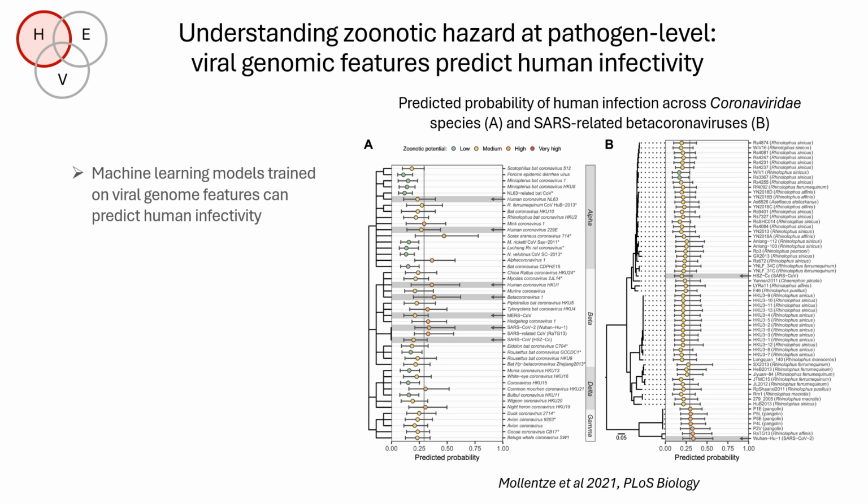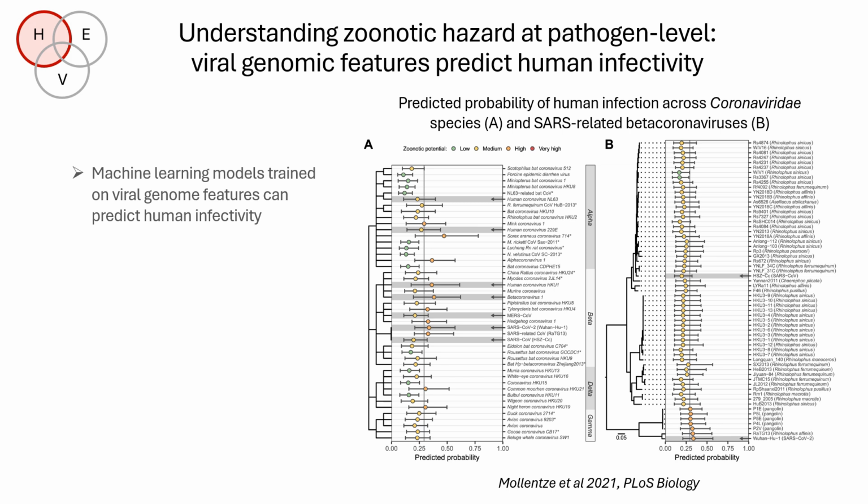And this is an example here of a nice study by Nardos Mollentze, who's based at the University of Glasgow, showing that you can use genomic features extracted from the genomes of a huge diversity of sequenced viruses to predict, quite accurately, the likelihood that those viruses can infect people.